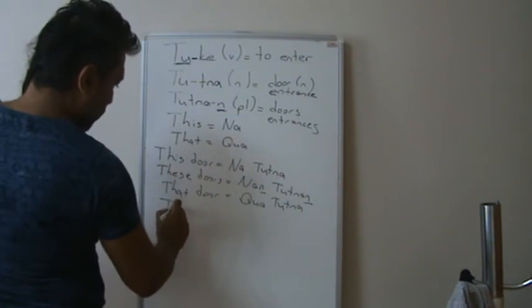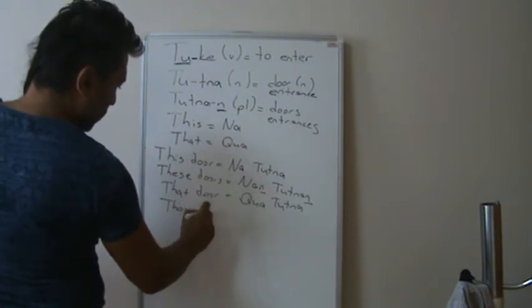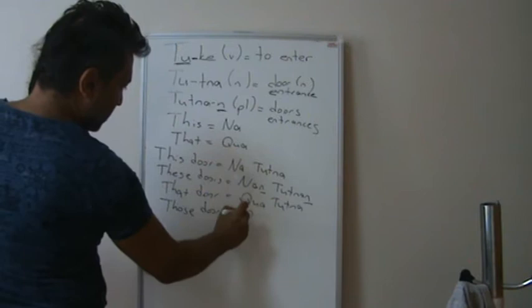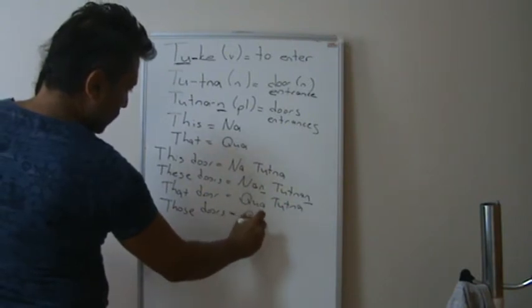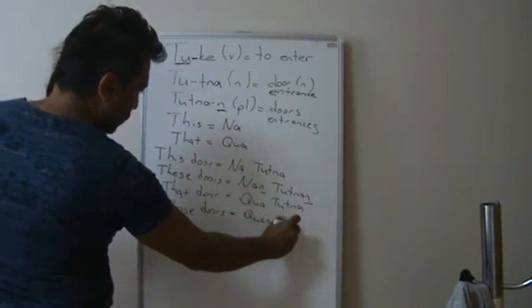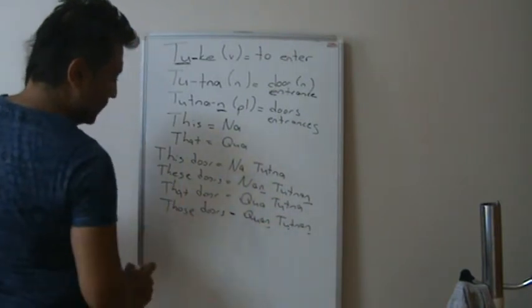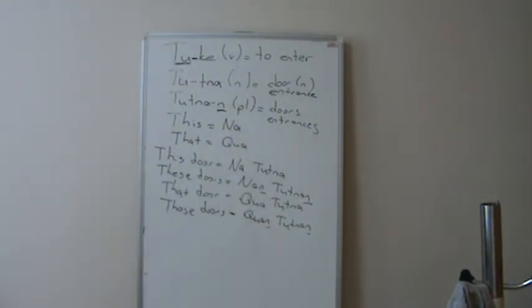And those doors means huan tutnan. You see plural forms. Huan tutnan. So these are very important.